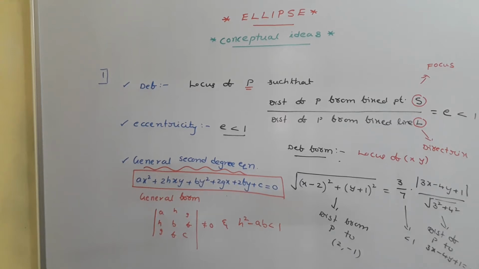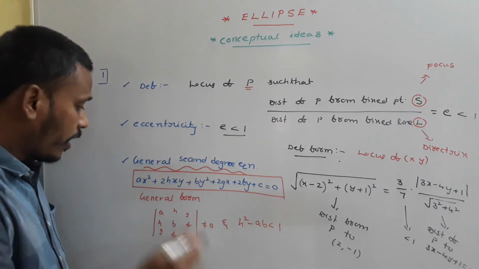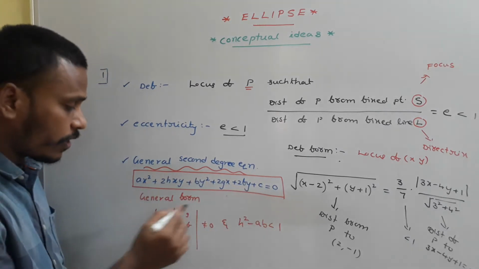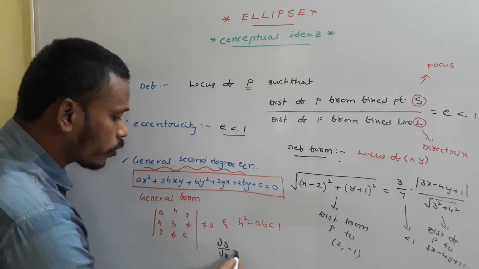And to find the center of the ellipse with the general second degree equation, we need to differentiate the total equation with respect to x as well as with respect to y, and solve. For example, this is the general second degree equation. If you differentiate this total equation with respect to x, you will get dou s by dou x equals 0.